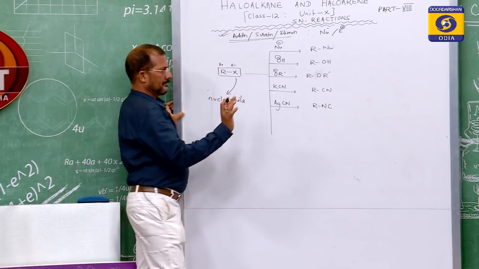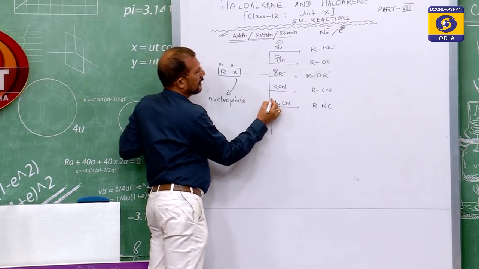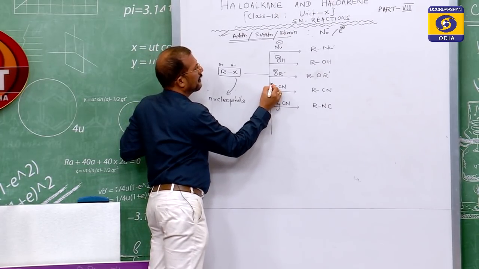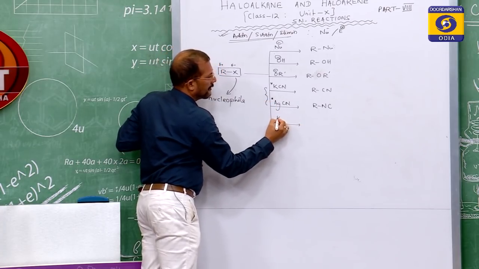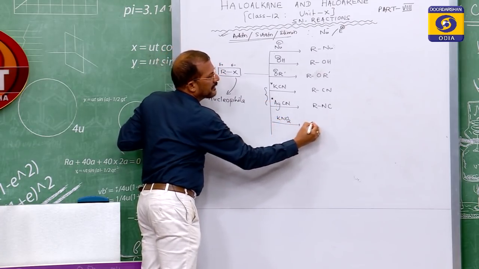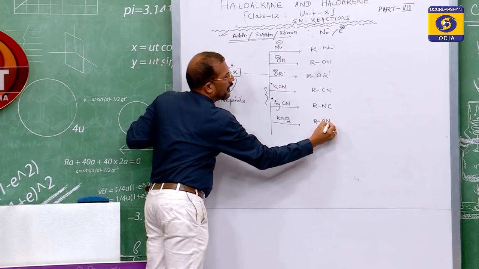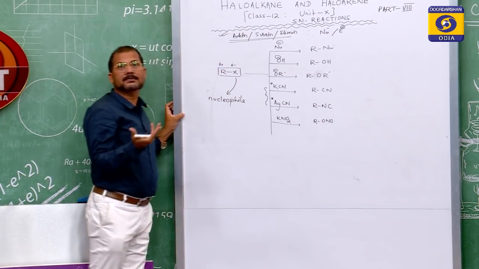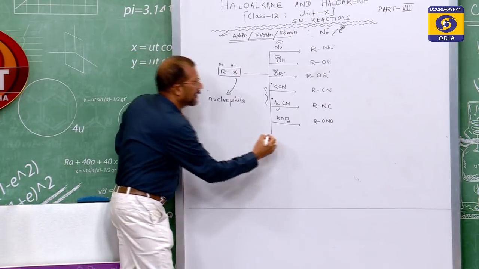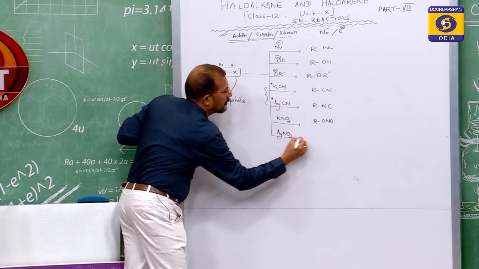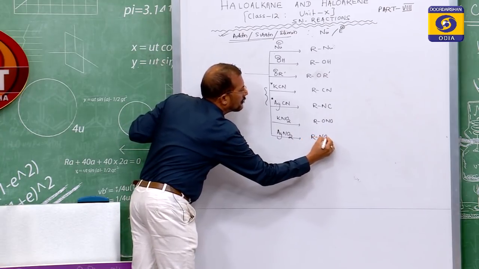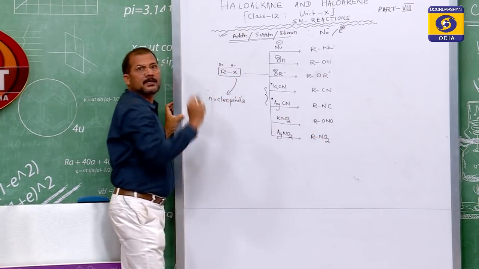Here things remain to understand why that is happening. We will be discussing it. Similarly, if we give KNO2 or potassium nitrite, RONO, alkyl nitrite is the product. If we give AgNO2, then RNO2, nitroalkane is the product.